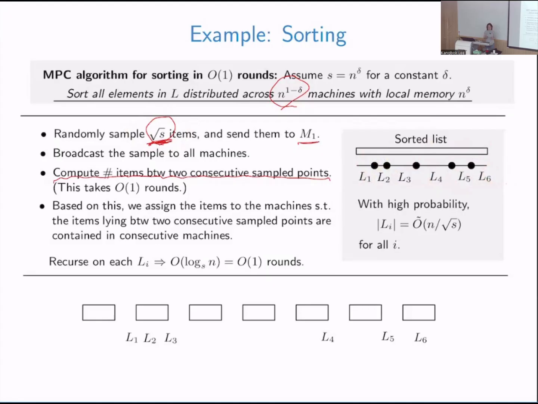And our goal is as follows. We want to rearrange the elements so that the first part of the machines consists of elements in L1, and the second part of the machines contains the elements in L2.